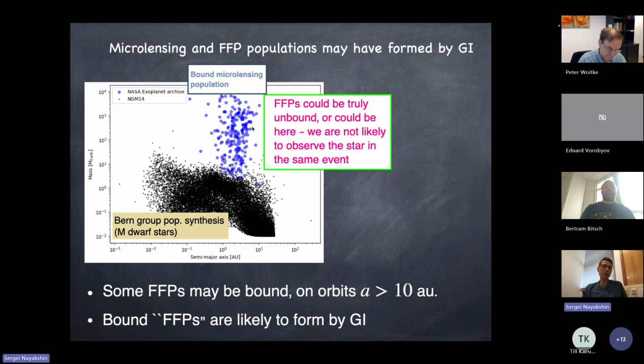The free-floating planets here means that in the same event, there is no signature of a star. However, that could be that it's either truly unbound or it's just a planet at a wide separation as shown on this plot. And then it's interesting that the population synthesis with core accretion has significant difficulties producing such planets at these wide separations, but GI probably is the answer here.